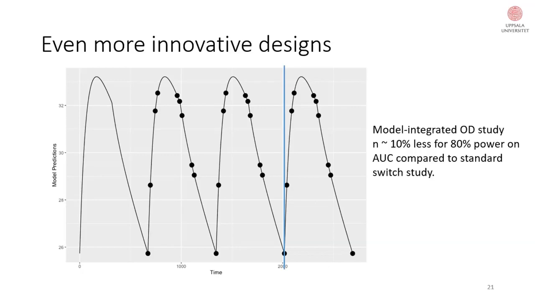And so in order to improve that estimation, we added observations in the second period before switch and the first period before switching to the test product, and then the test product. So we had one extra period that was measured. And what you could see is if you did a study that looked something like this, that you could reduce the study size by 10% with a relatively minor change in the study. It wouldn't change the study duration, but it would change how many observations you needed in the study.